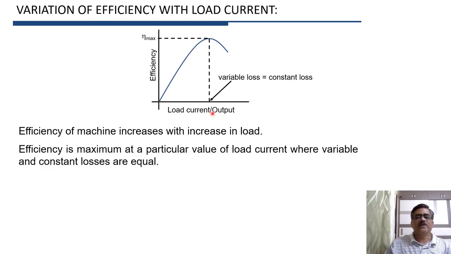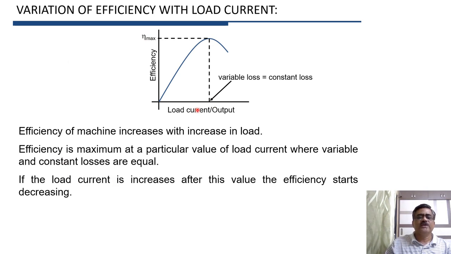Now at a particular value of load current, variable loss will become equal to constant loss, and at that load current we will get maximum efficiency of the machine. Now if the load is increased further, efficiency of the machine will reduce.